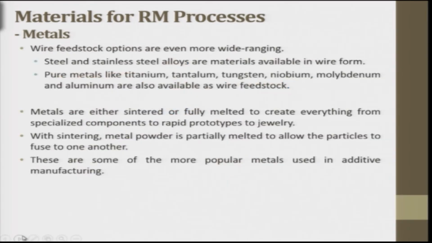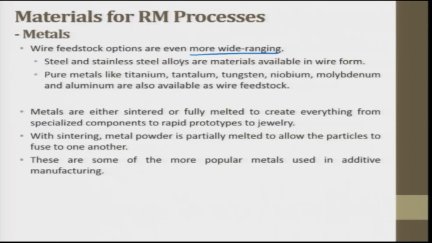So feedstock options are even more wide-ranging. As I said, metals are available in two ways: powdered form and wire feedstock. Powder form can be sintered using different processes. Wire feedstock can also be used in different processes like fused metal, and MAM is the abbreviation used for metal additive manufacturing.